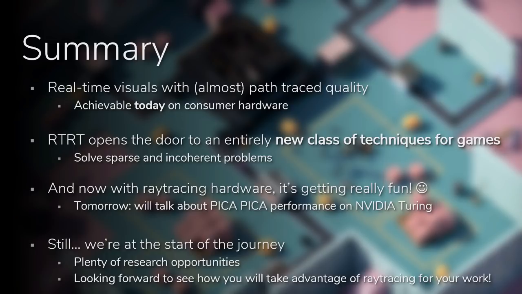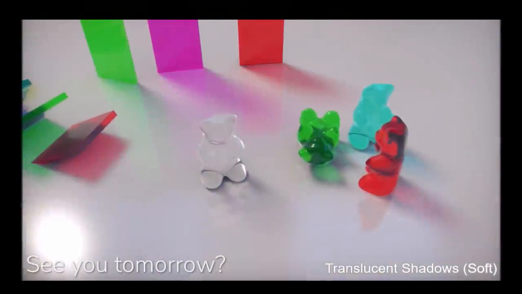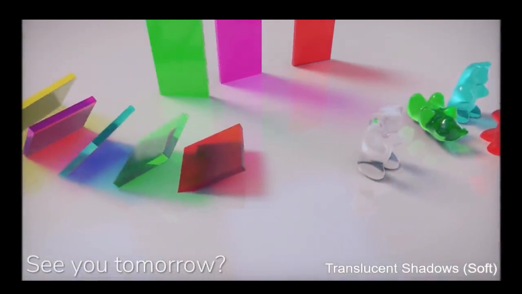And I think it's very encouraging that we can approach the quality of path tracing with almost just 2 rays per pixel, in the context of Pika. And I'm looking forward to seeing what you do with ray tracing and how you take advantage of hybrid rendering with raster, compute and ray tracing. And so see you at the NVIDIA real-time ray tracing session tomorrow.